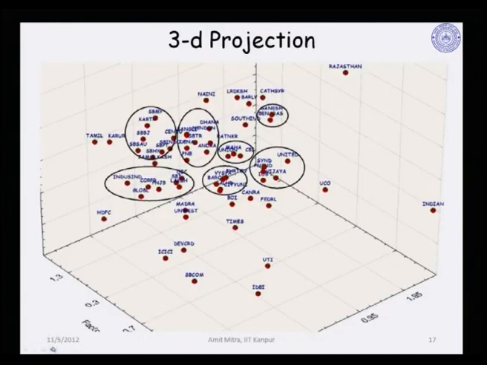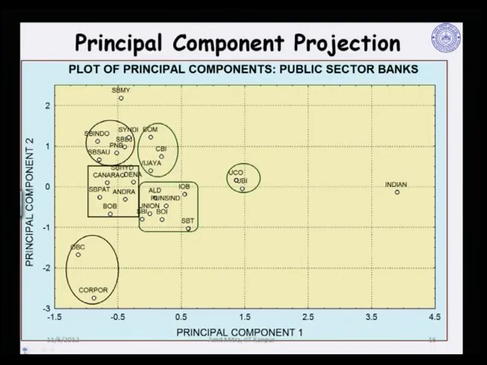Now, corresponding to the same data, we can extend it to 3 dimensions. In the 2-dimensional projection we were looking at the first two principal components, because we know that the principal components capture variation in the order in which they are constructed. So, the first principal component is going to capture the maximum variability that can be captured by a single linear combination.